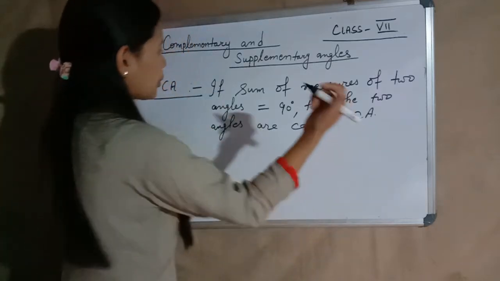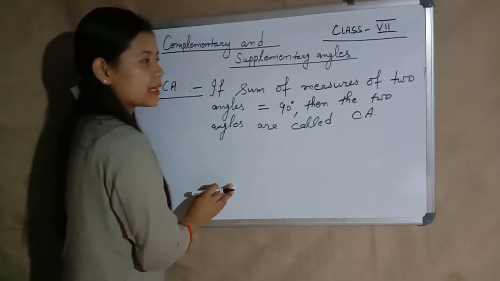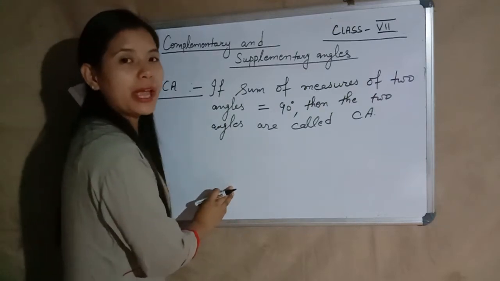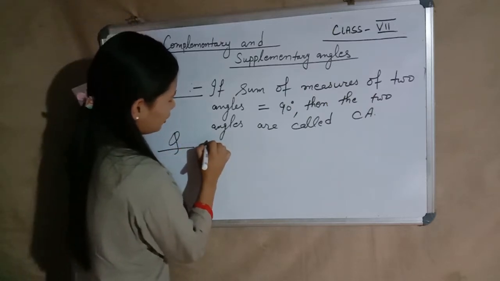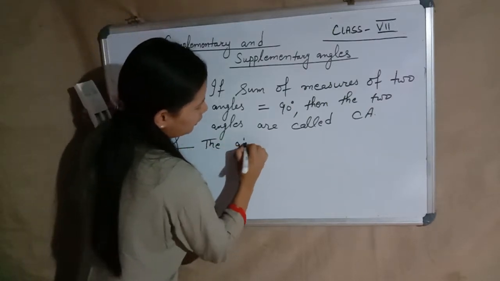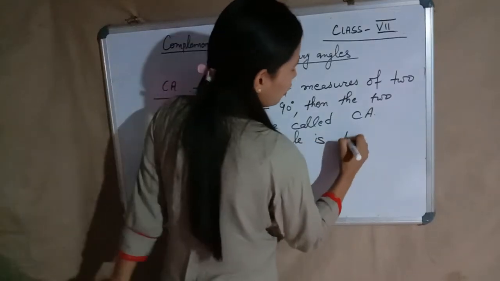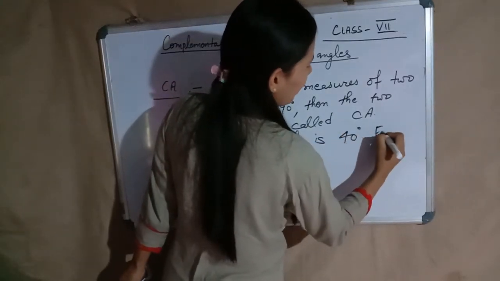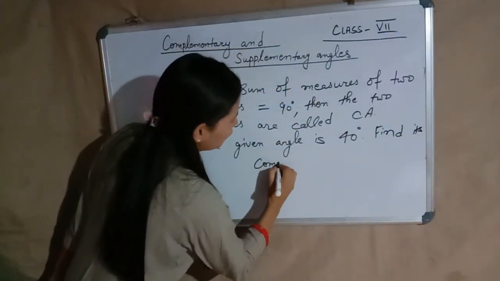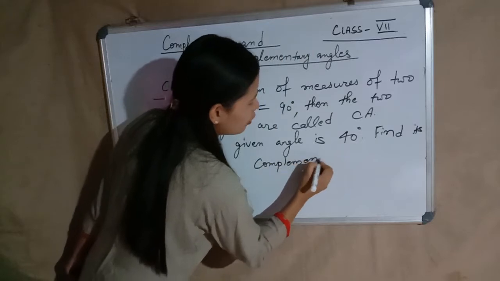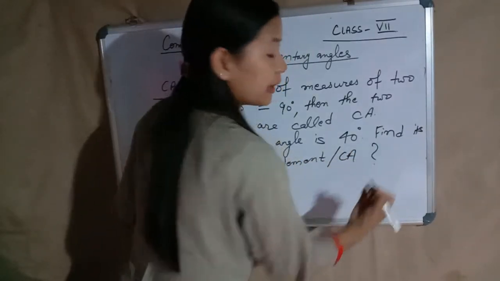In complementary angles, we have one type of question wherein it says find the complementary angle of a given angle. Suppose the given angle is 40 degrees, find its complement. We can say complement or complementary angle, it can be anything.